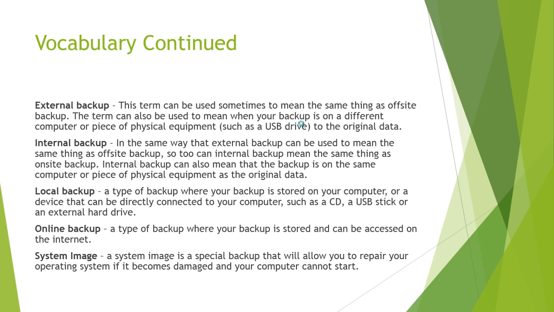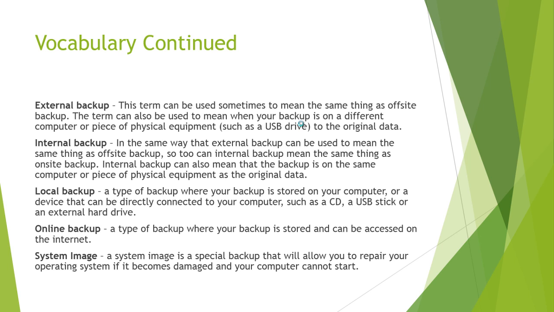When your original files are on your computer and your backup is on an external hard drive that you can unplug and put somewhere else, that's an external backup. If you put the backup on a CD or a USB drive, it's the same thing. Anything that you can remove from the original location of the files is external.